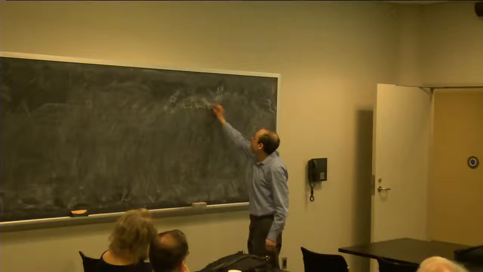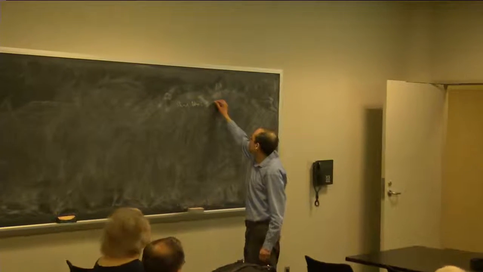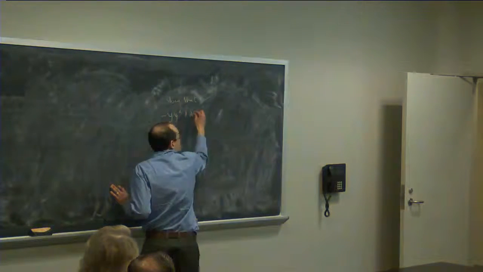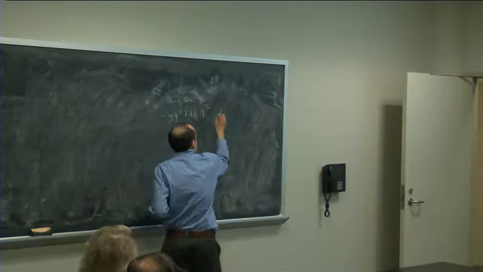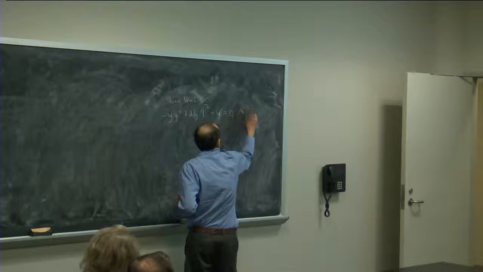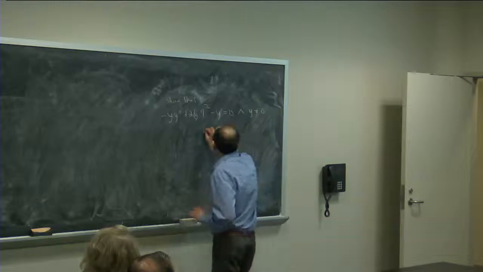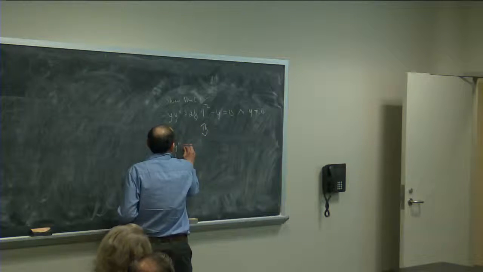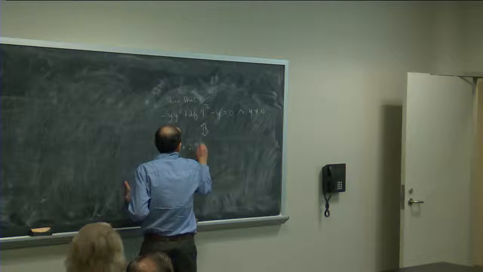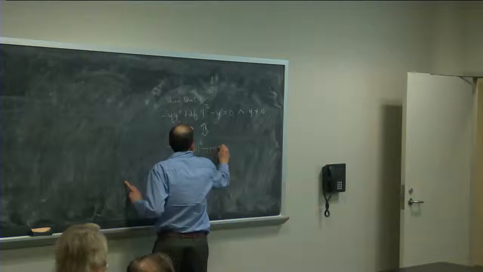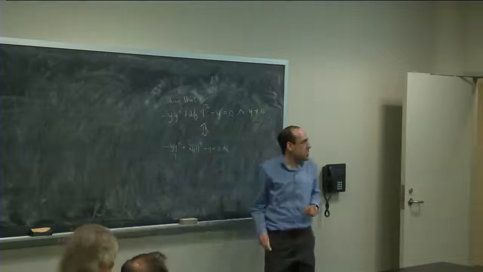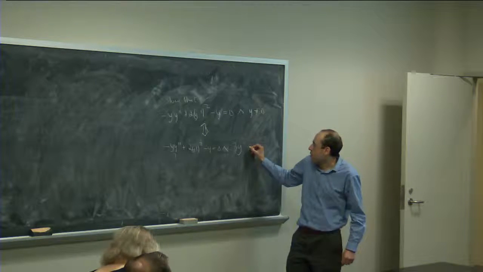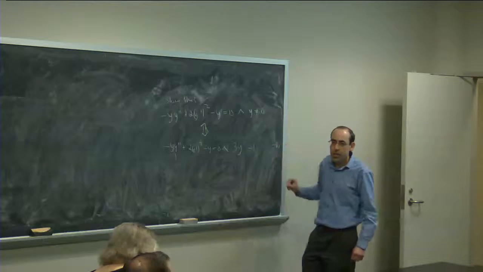Show that the solution set of negative y double prime plus 2y prime squared minus y equals 0 and y is not equal to 0 is equivalent to negative y double prime plus 2y prime squared minus y equals 0 and this other equation, minus 1, dot dot dot, equals 0.